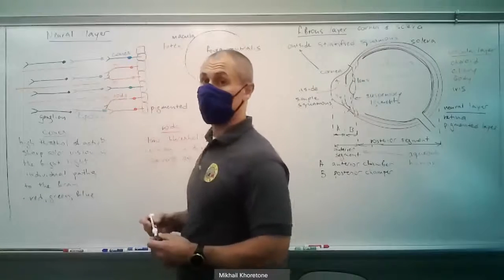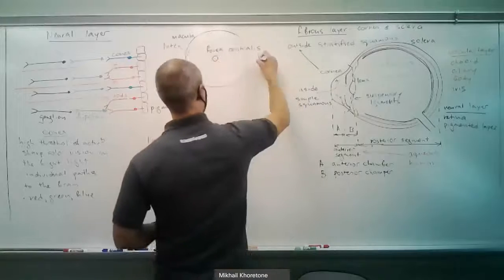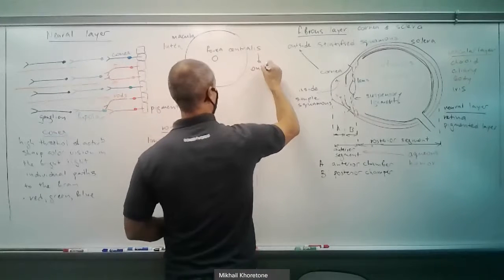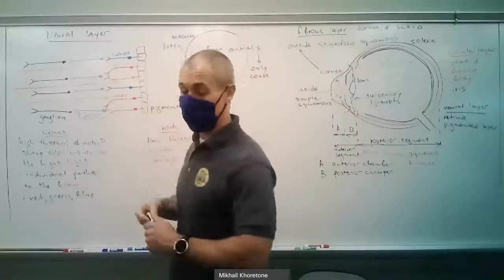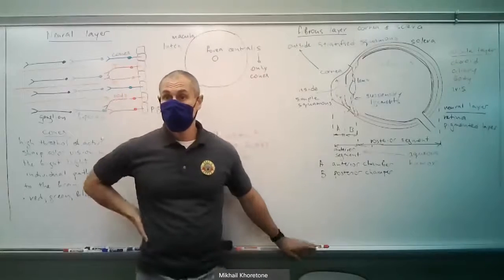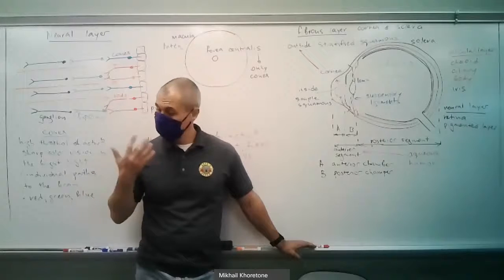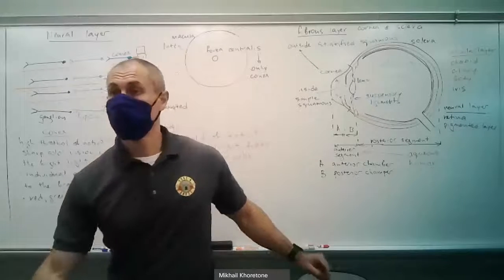Okay? So what is unique about fovea centralis? It contains only cones. Are you with me? Only cones, nothing else. So let me give an example.